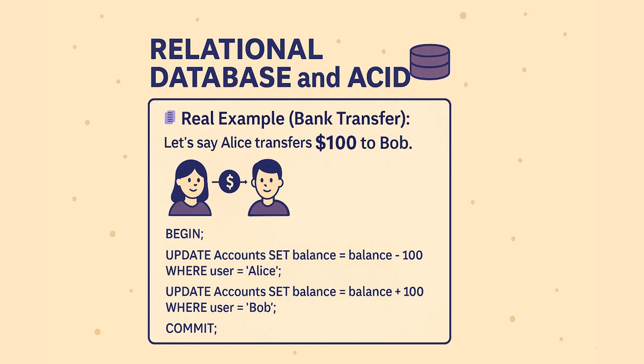Alice is sending $100 to Bob. 2 things happen. $100 is removed from Alice's balance. And this $100 is added to Bob's balance. These steps are wrapped inside a transaction.